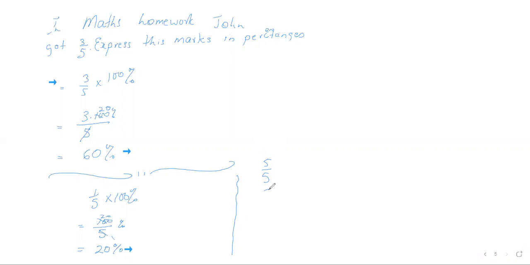So it's going to be 5/5 times 100/1. 5 divided by 5 is 1. The number over itself is 1. So this is anything multiplied by 1. Now here you appreciate that Peter got everything. He got 100%. Peter got 100%.